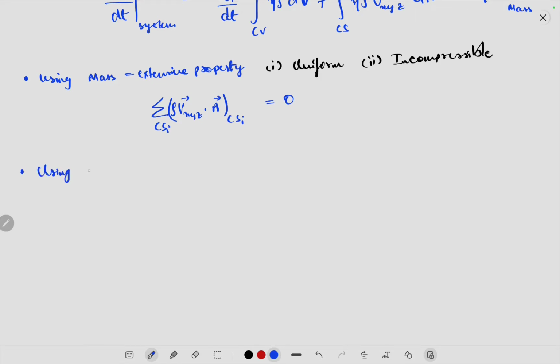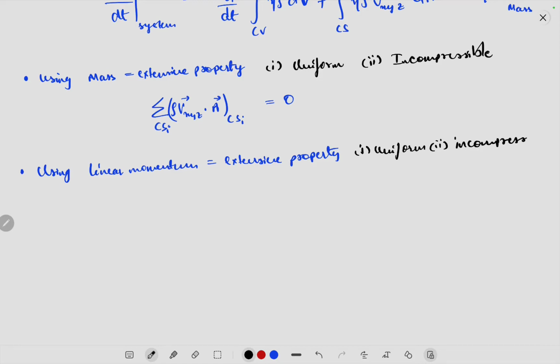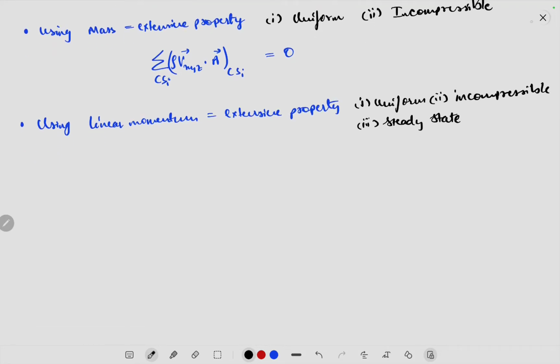Then using linear momentum as the extensive property and assuming uniform, incompressible flow, we arrived at this expression. Let me not write steady state for now.